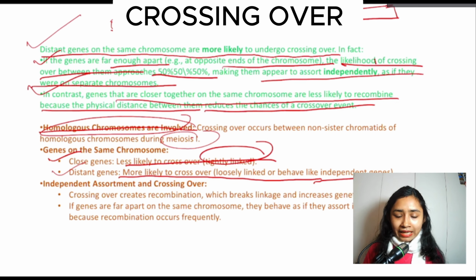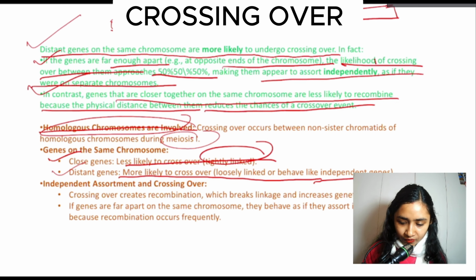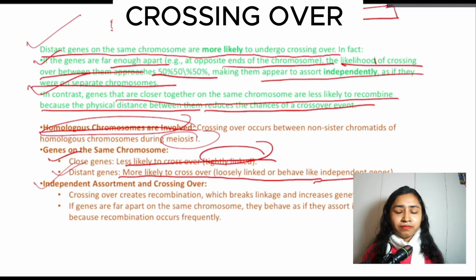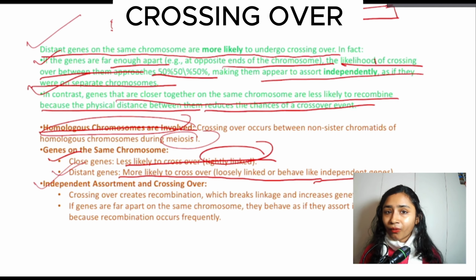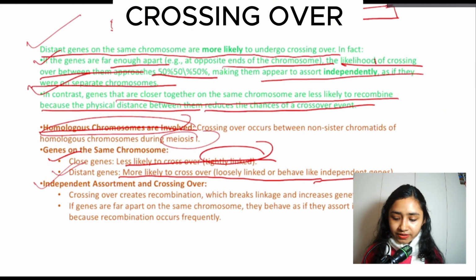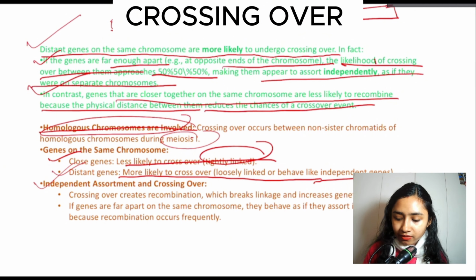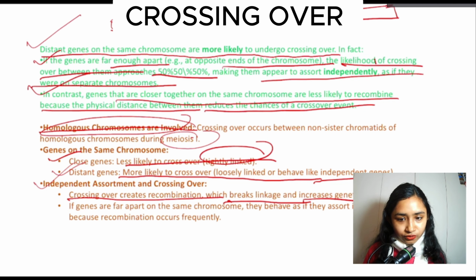Now, independent assortment and crossing over. These two are very important drivers of creating diversity in organisms. One is crossing over during meiosis 1, and after that, during gamete formation, independent assortment. Crossing over creates recombination, which breaks linkage and increases genetic variation.